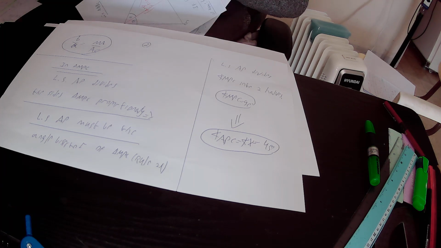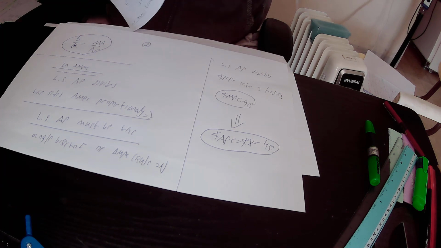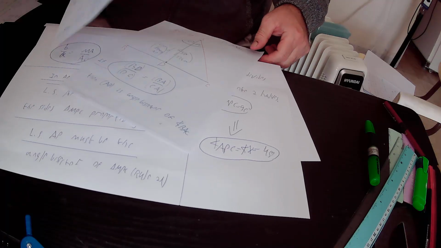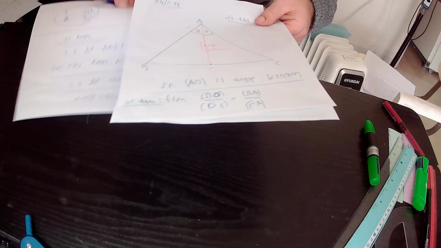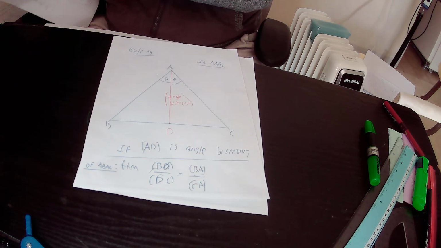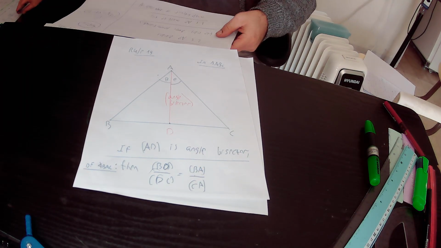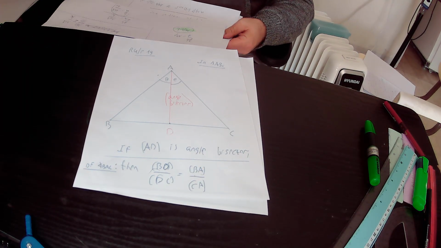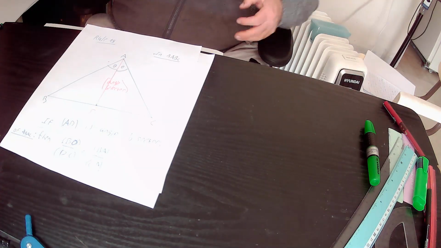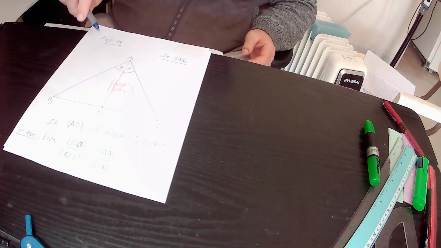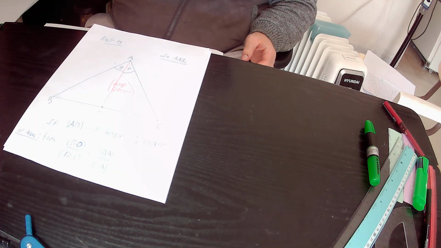Why? Rule 19 is the converse rule of rule 21, because according to rule 19, this is triangle ABC that could be any triangle.